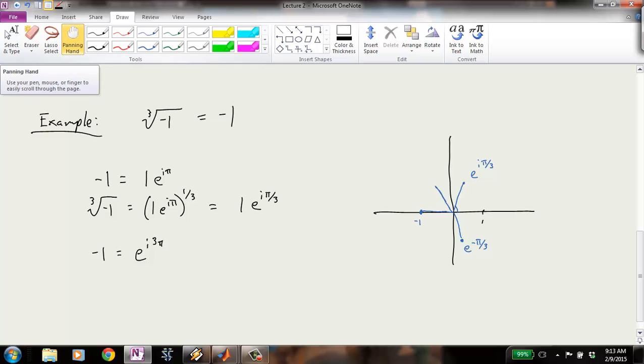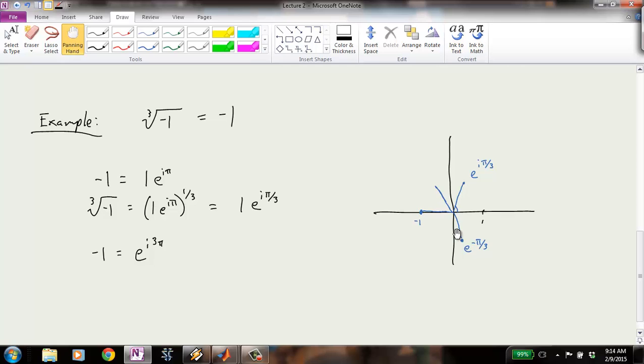The answer you'd get after taking the cube root would be 5/3 pi, which is going to be the angle you get from going all the way around here. So it's just the same angle represented with a positive phase rather than negative.